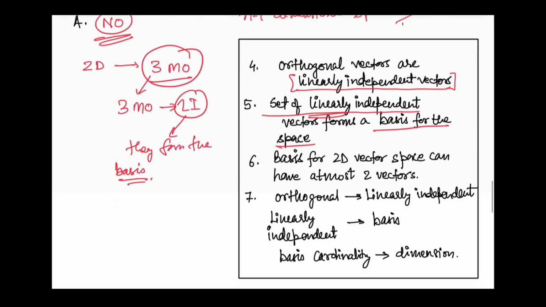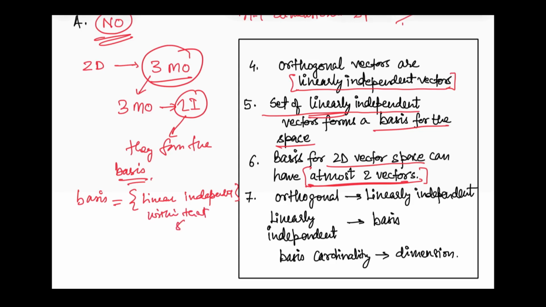Now, a basis for a 2D vector space can have at most two vectors. So this is very important. A basis is any set of linearly independent vectors within that space. So if I have a 2D vector space, then I can have at most two vectors which are linearly independent and they will form a basis.